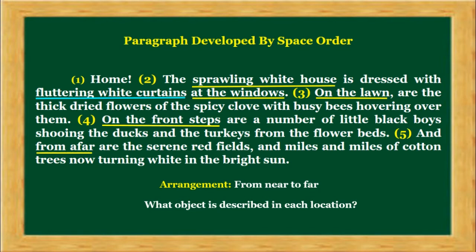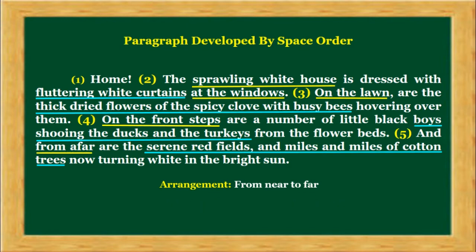Number 2, on the lawn are busy bees on the thick dried flowers of the clove. Number 3, on the front steps are boys shooing ducks and turkeys. And last, from afar are serene red fields and miles of cotton trees.